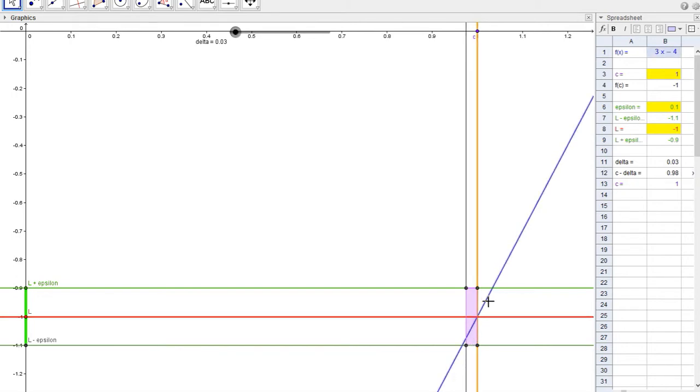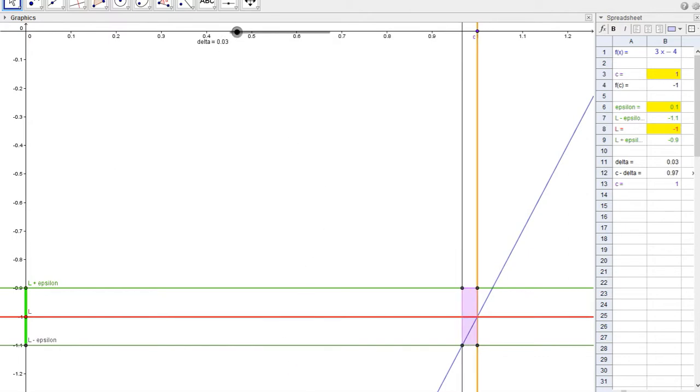Notice this time we're not concerned with what happens on the right side of x equals c, which is given by this vertical line. Remember, before our box went both sides, equal distance both sides horizontally of this orange line at x equals c. Now it only goes to the left. So that's the difference there.